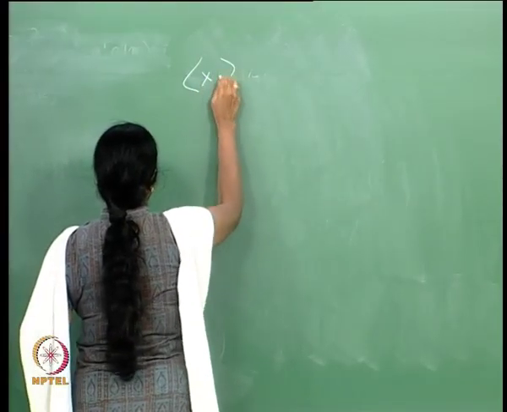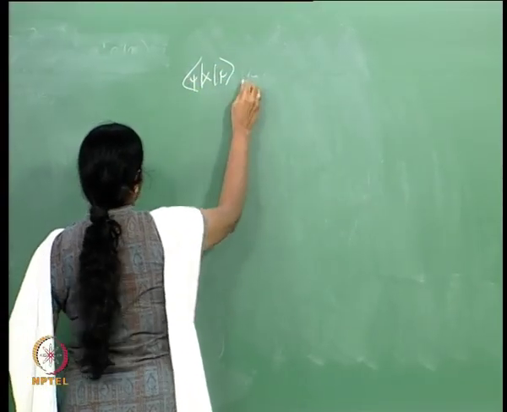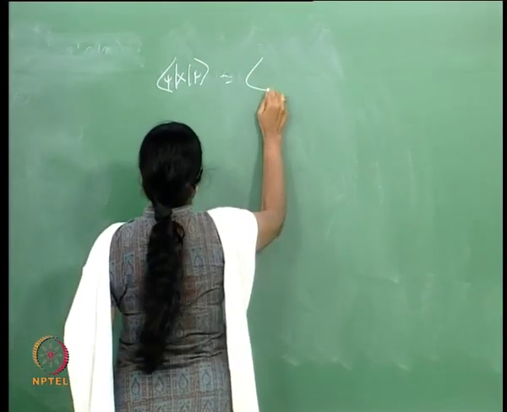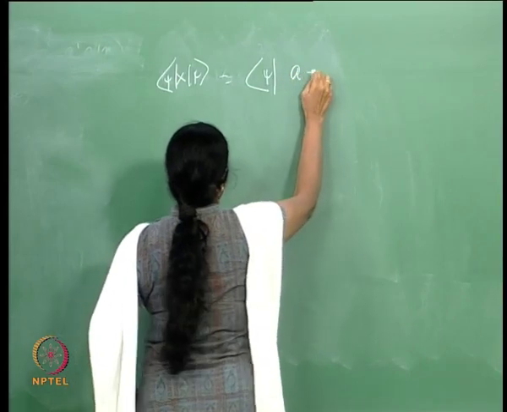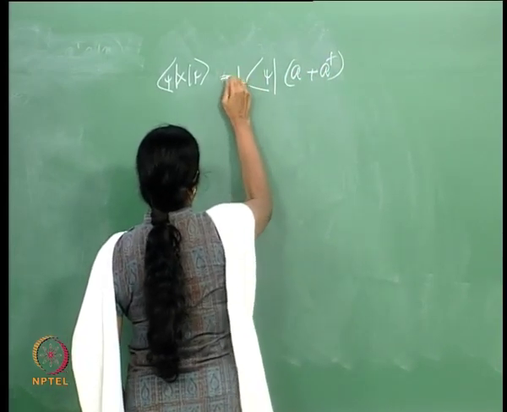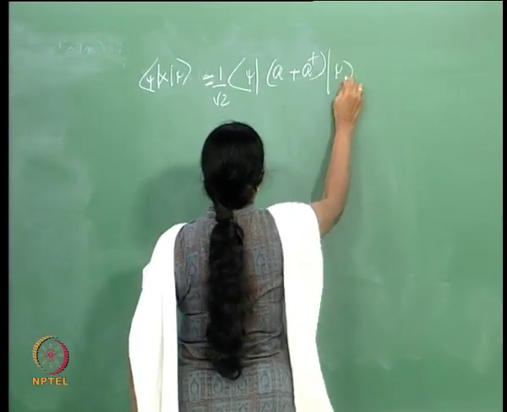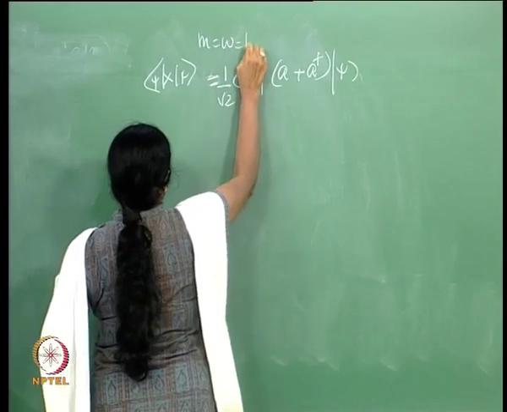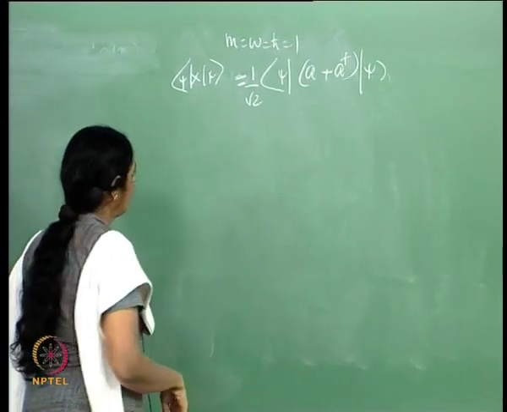So, expectation x in the state psi implies computing this. I have set m equals omega equals h cross equals 1.